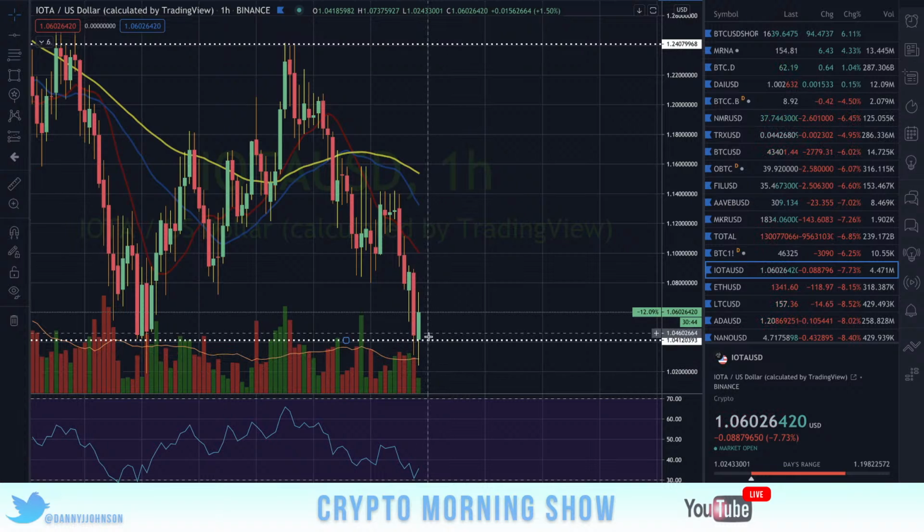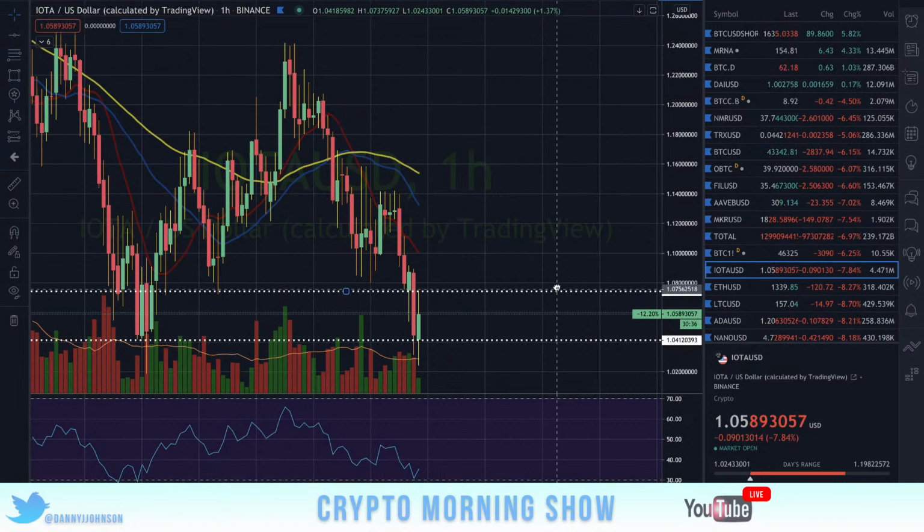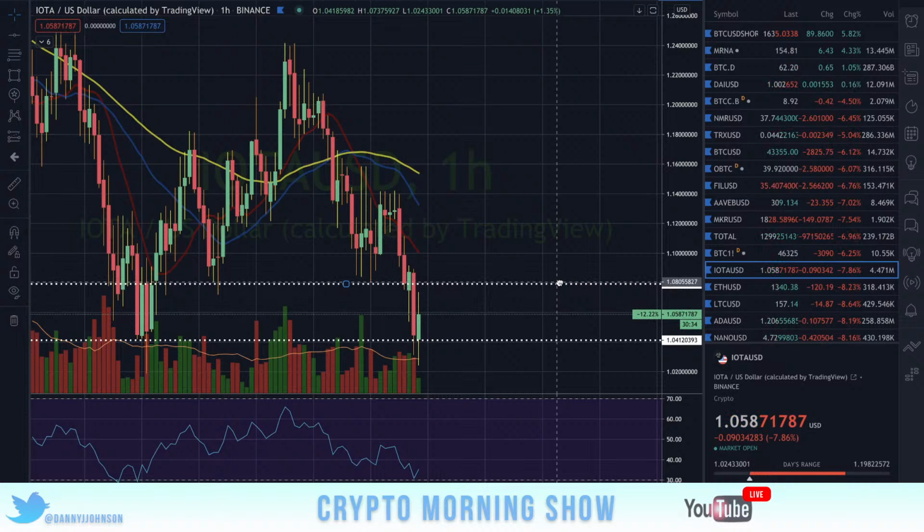So watch that psychological number, but right now we're at 1.04, and then we're going to watch resistance on the climb up. We're going to need to get through. You can see the bodies of all these candles gave us a fit on the way up last time. So 1.08 roughly in that range, for IOTA.